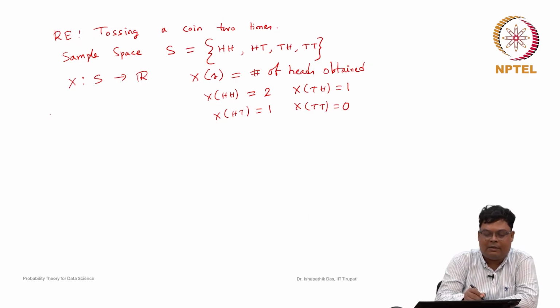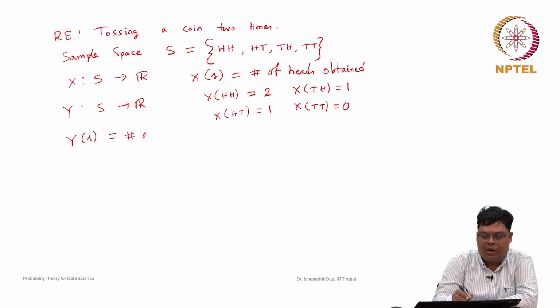Another random variable, let us define. We can define another random variable Y from S to R. This is defined by Y of s is equal to the number of tails obtained. In that case, what will be Y of HH?